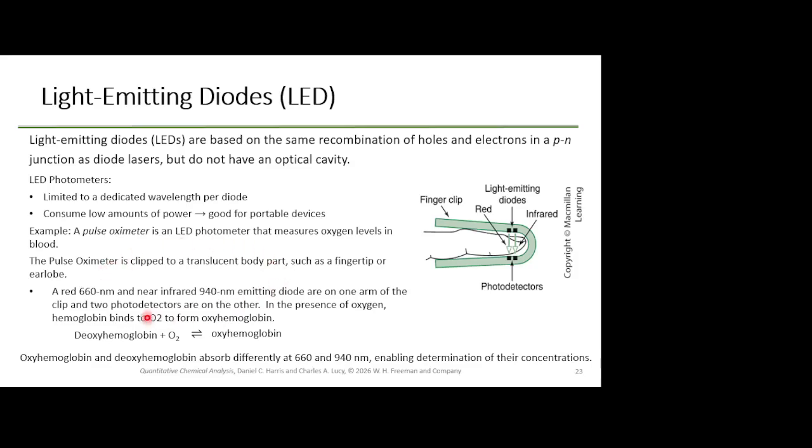In the presence of oxygen, hemoglobin binds O2. This forms oxyhemoglobin. That's the reaction for that in equilibrium. Oxyhemoglobin and deoxyhemoglobin absorb differently, 660 versus 940 respectively. This enables determination of their concentrations and thus your blood oxygenation levels, right?